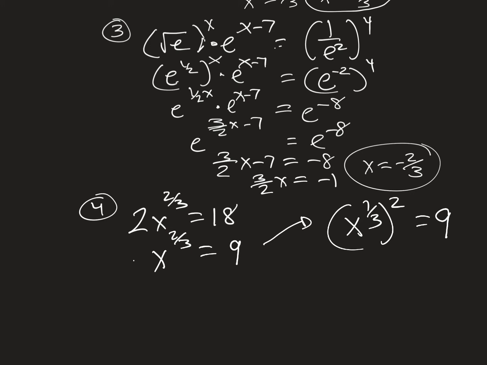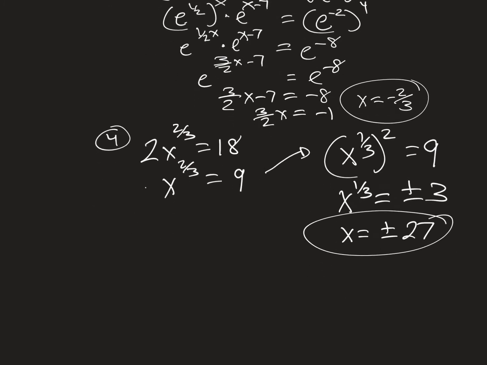And remember, when you're solving for something squared, by taking the square root of both sides, you've got to put plus or minus. So x to the 1/3 equals plus or minus 3. And now I can raise both sides to the 3rd power to solve for x. So x equals plus or minus 3 to the 3rd, which is 27.